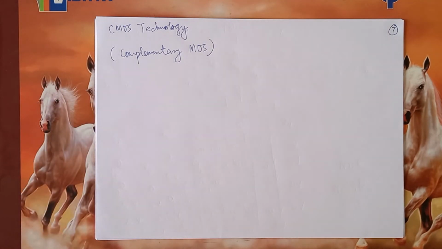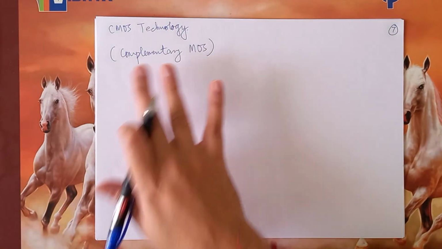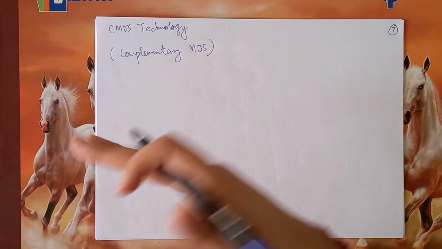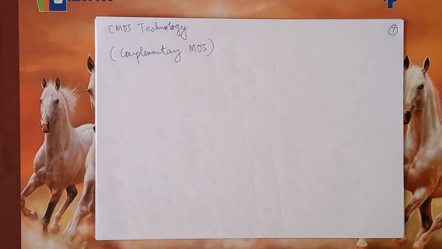Because what is happening, or rather why is this name coming? As you know, complement is something which we call for opposing cases. Normally we say the complement of A is A bar, or the complement of A bar is A, as we know from our Boolean theorems.